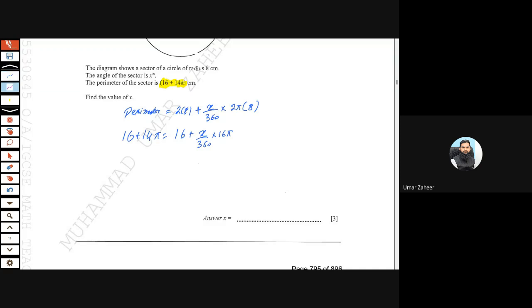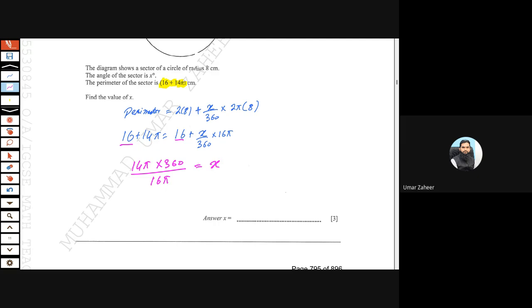Alright, so the 16 cancels out. We are going to get 14 pi multiplied by 360 divided by 16 pi is equal to x.